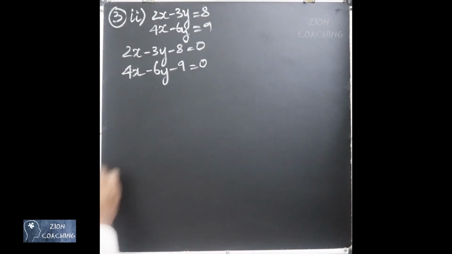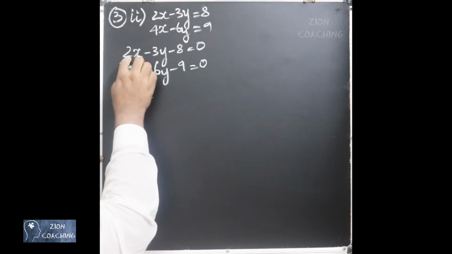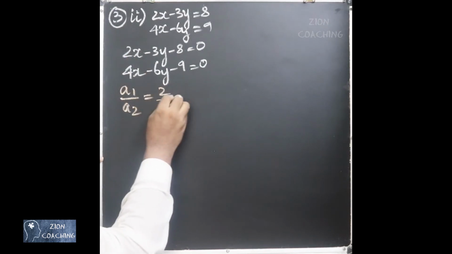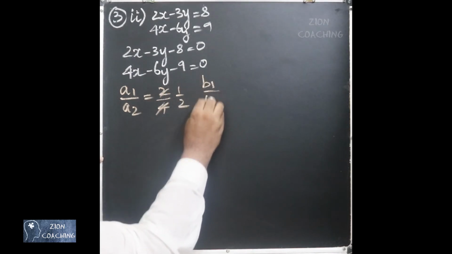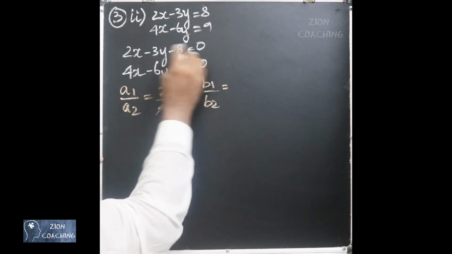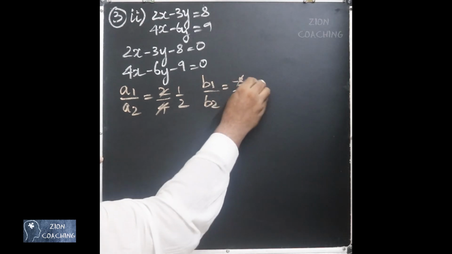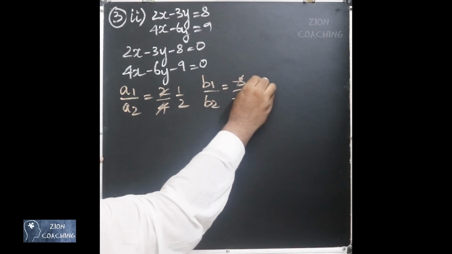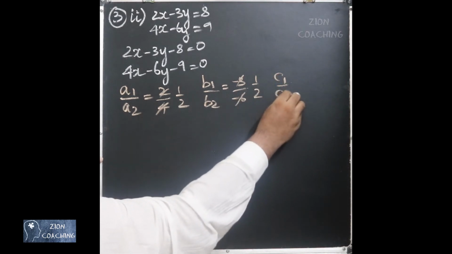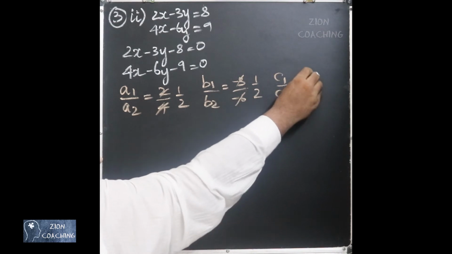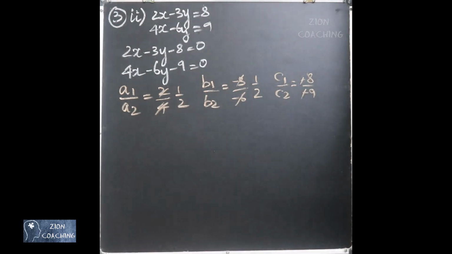Now you can see that a1 by a2, a1 value is 2, a2 value is 4, so it is going to be 1 by 2. b1 by b2, b1 value is minus 3, b2 value is minus 6, so it is going to be 1 by 2. Then c1 by c2, c1 value is minus 8, c2 value is minus 9, so it is going to be 8 by 9.